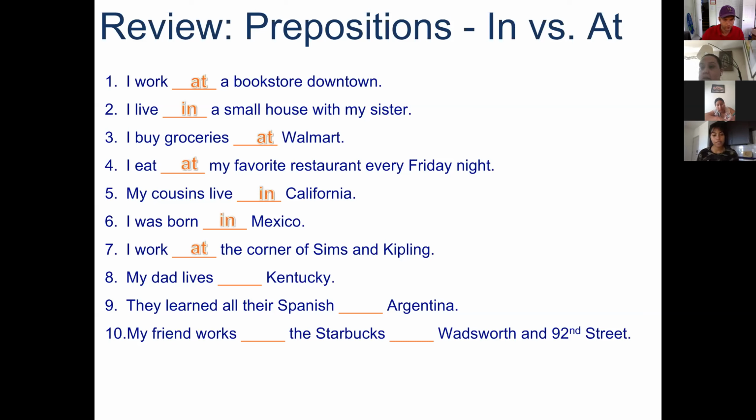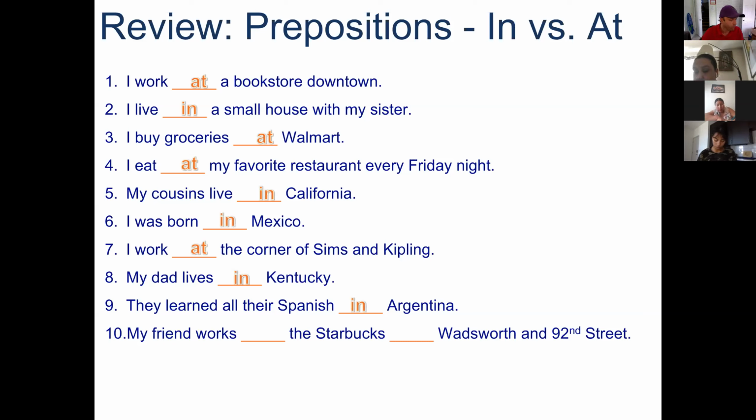My dad lives in Kentucky. They learn all their Spanish at. For a country, you want to say in.